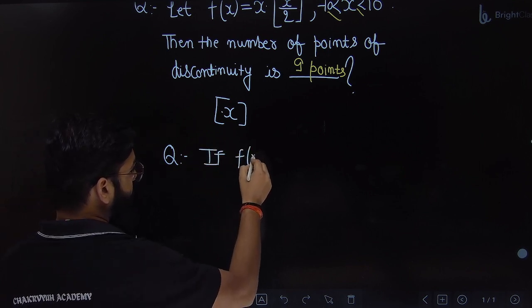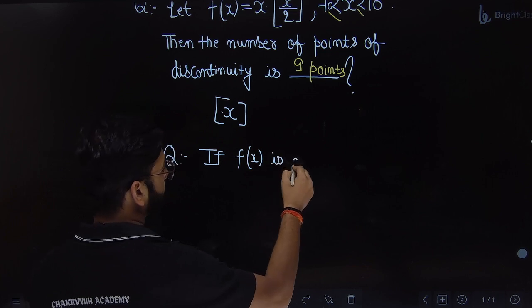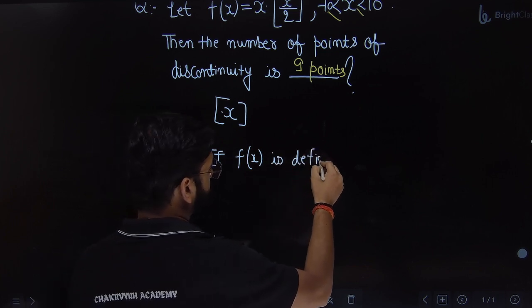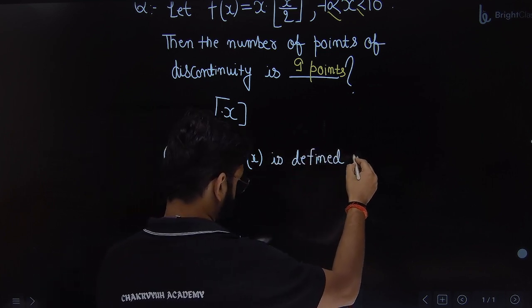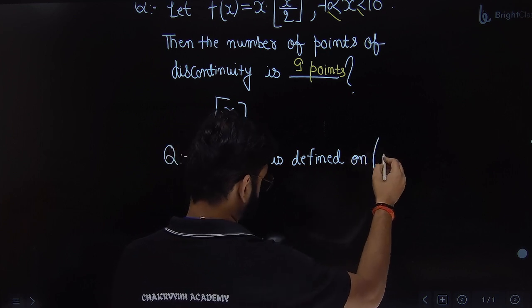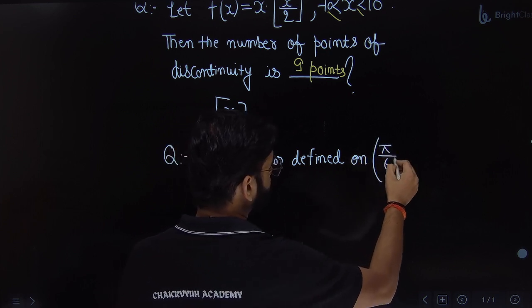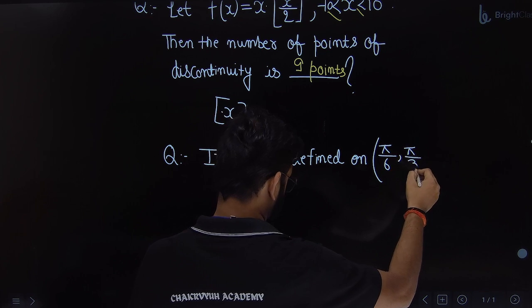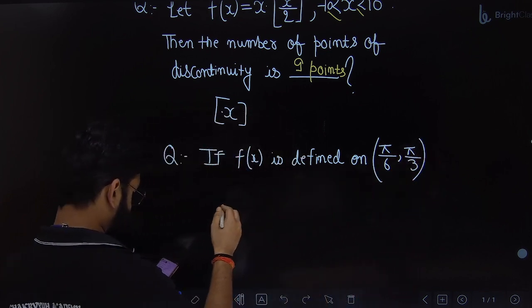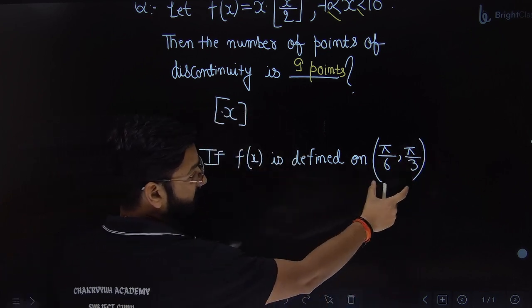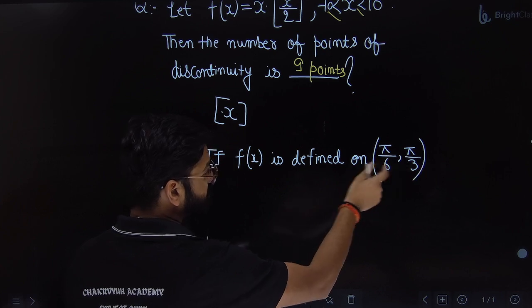f of x is defined on this interval pi by 6 to pi by 3, open interval. So this function is defined only for this interval. Outside this, it is not defined.